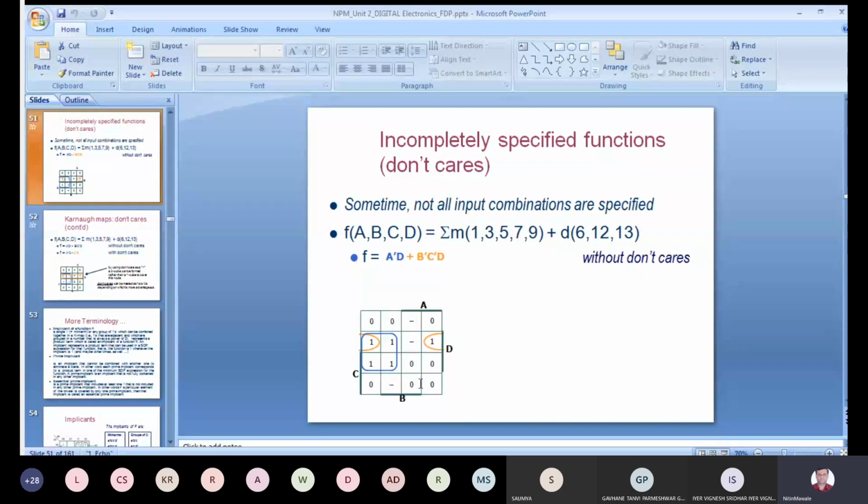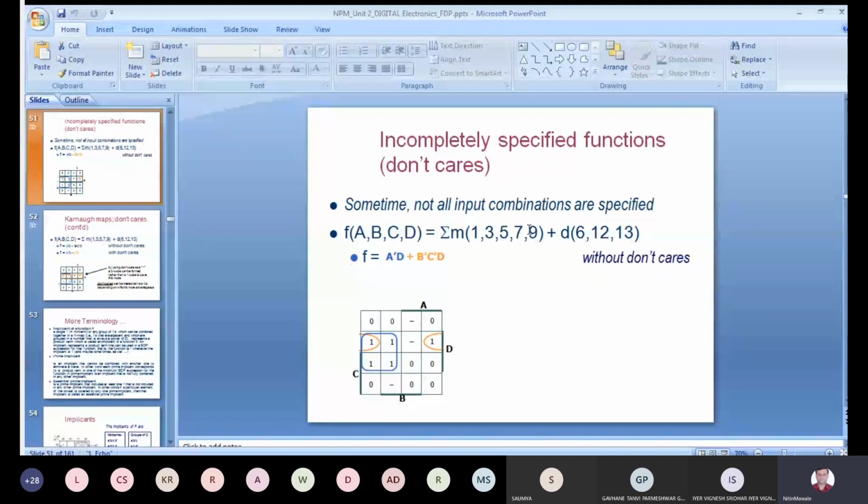In some books the notation is a dash, or a cross also. You can note it down as a cross sign or a don't care sign. In the summation form, the don't care sign is available as a small d, and these terms are don't care. Along with this, these are the min terms and these are the don't care terms. So this example has some additional min terms as don't care terms.